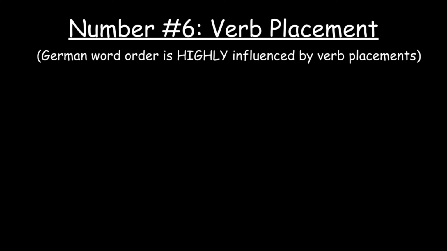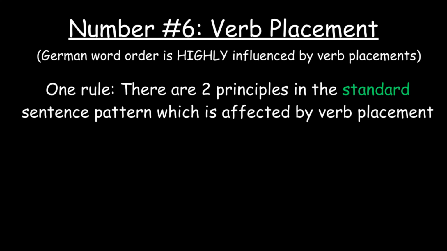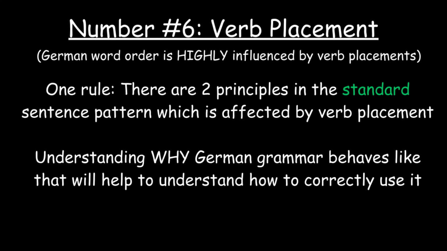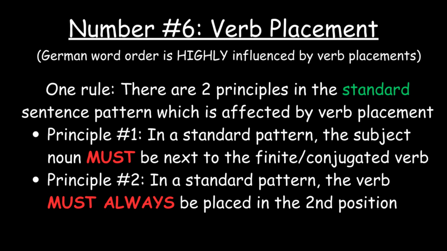For example, there are 2 principles in the standard sentence pattern, which is affected by verb placement. It's valuable to know them because they can help understand other patterns in different ways. Understanding why German grammar behaves like that will help to understand how to correctly use it. Principle number 1. In a standard pattern, the subject noun must be next to the finite verb.